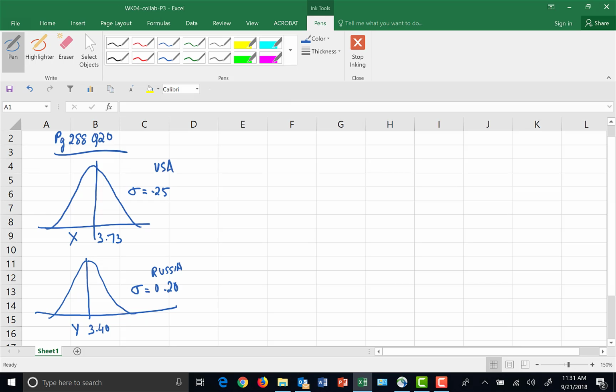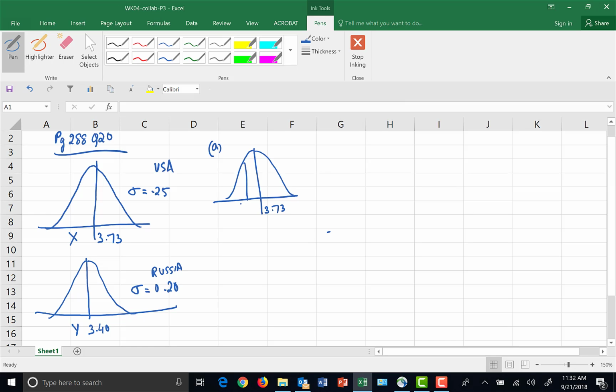So based on this narrative, part A says, what is the probability that a randomly selected gas station in the United States charges less than $3.50? So I'm going to draw small bell-shaped curves here. Here's the average, $3.73, and the question asks, what is the likelihood that a gas station in the US charges less than $3.50?